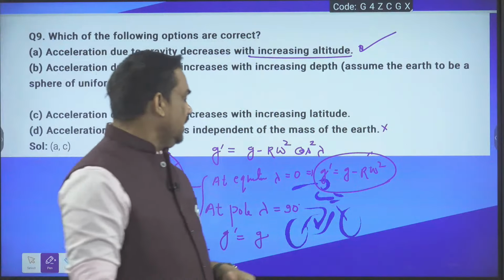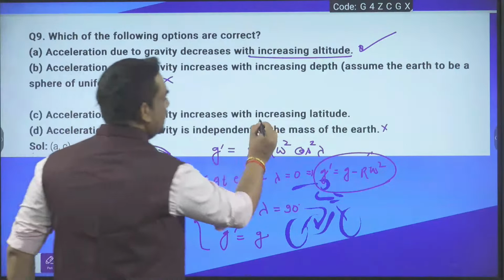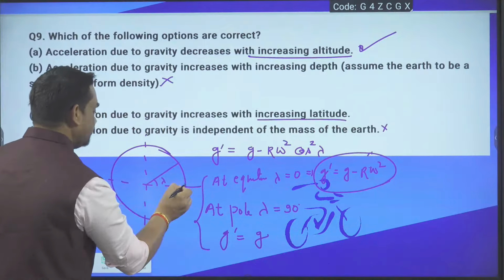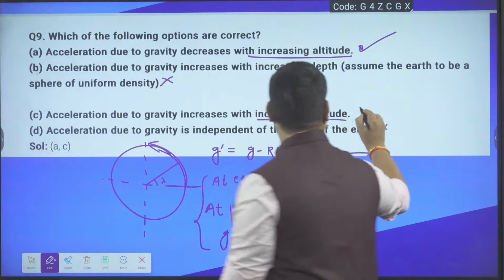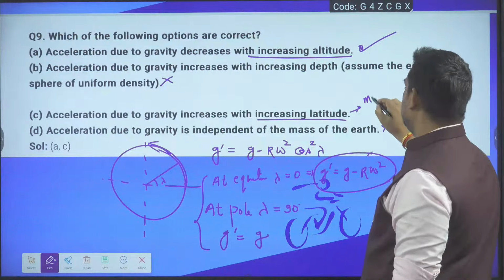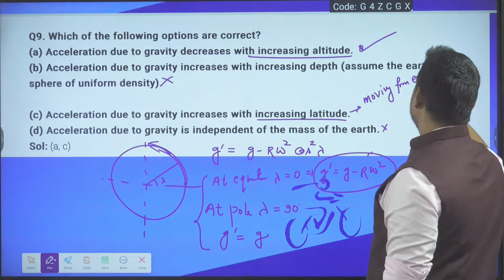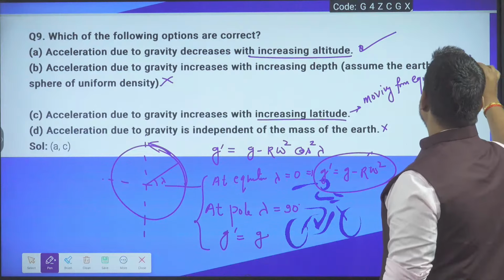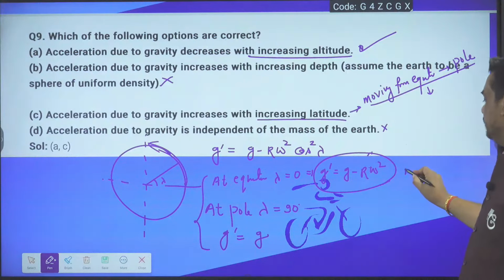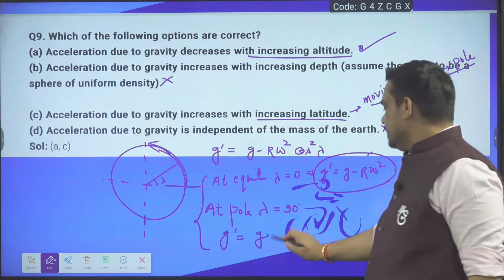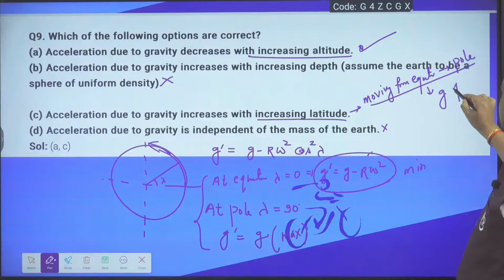Now if you are moving from equator to pole, increasing latitude means you are going from equator to pole. And if moving from equator to pole, then what about g? At the equator it is the minimum and at the pole it is the maximum. So will g increase or decrease? g will increase.